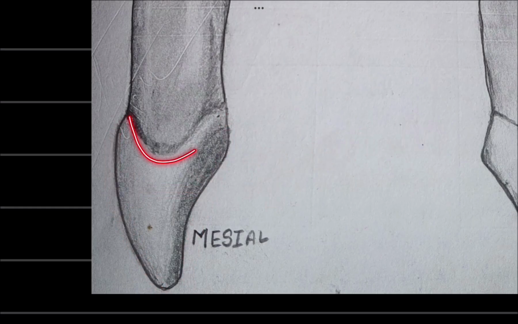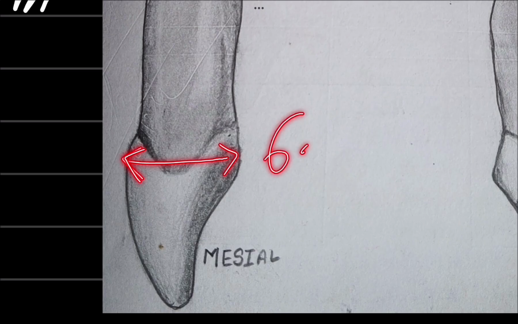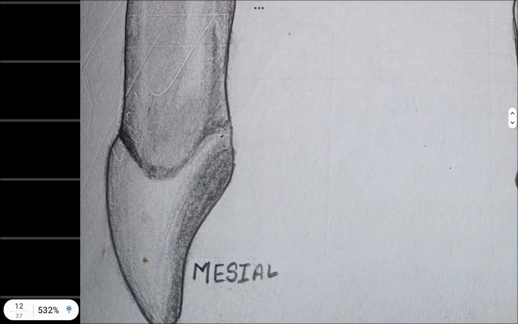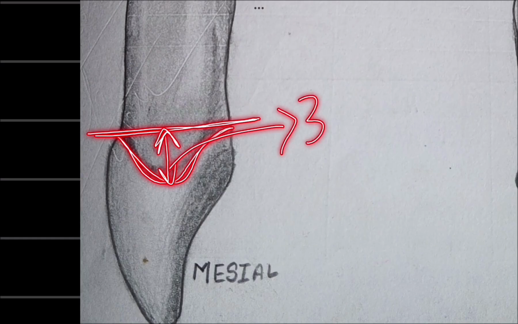Now this is the cervical line, so this is the cervix, and the labiolingual diameter at the cervix is 6 millimeters. Then we have the curvatures. From the mesial side, this is the curvature of the cervical line. Now if we draw an imaginary line over here, this is the curvature of the cervical line from the mesial side, which is 3.5 millimeters.